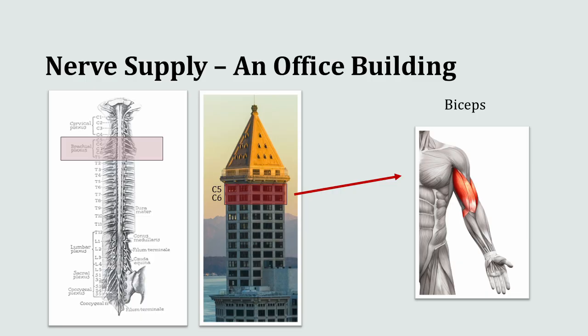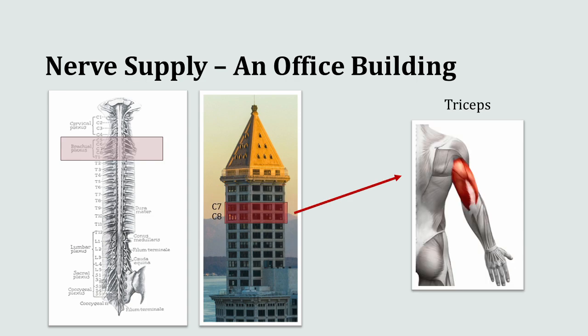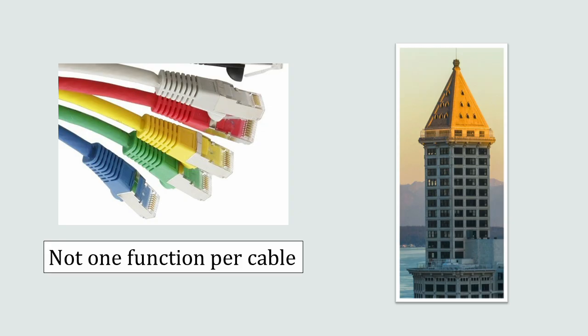The biceps on the front of the arm, which flexes the elbow, is controlled by C5 and C6. The triceps on the back of the arm, which extends the elbow, is made up of C7 and C8. And so it really isn't one function per cable or one cable per function. Instead, there are multiple muscle groups sharing input from different levels.